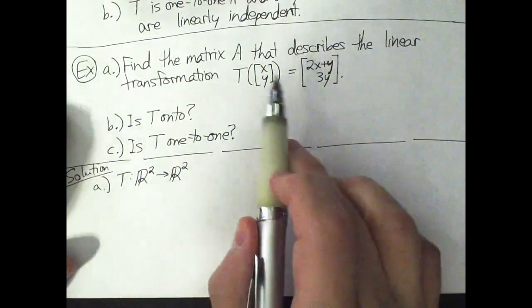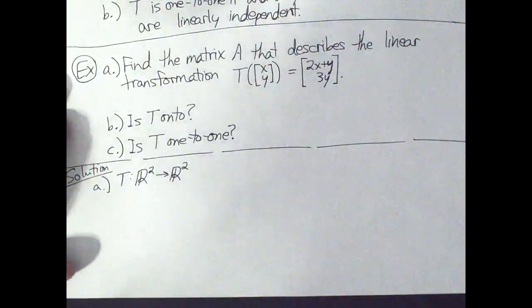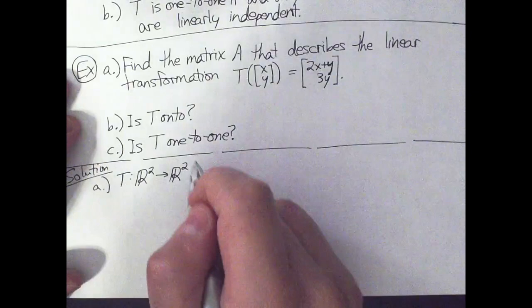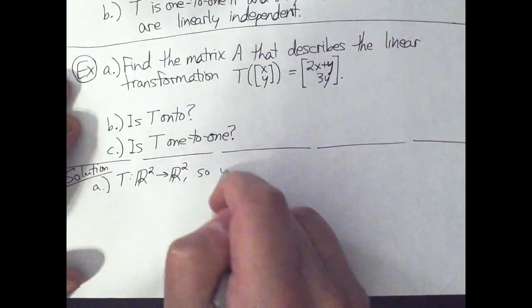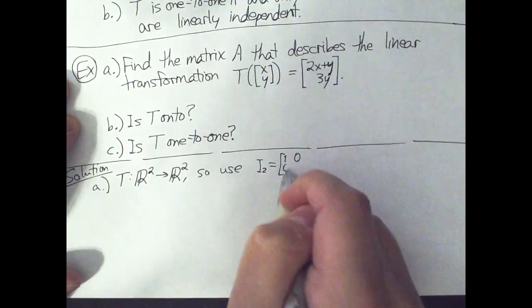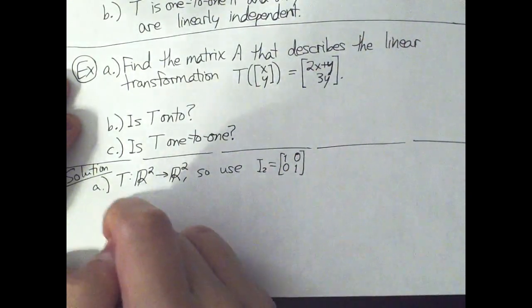Hold on a second. Yeah, we have two entries here, 2 entries here. Sorry, I had it wrong in my notes I was looking at. This is correct. T goes from R2 to R2. So we need to use the identity matrix that's 2 by 2. We just need to know which identity matrix to use.